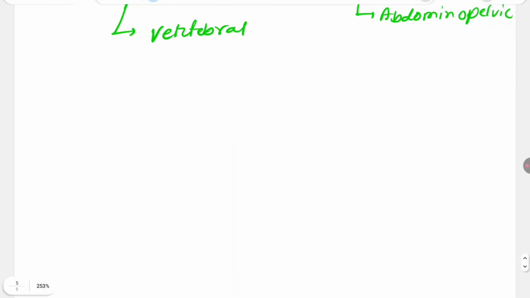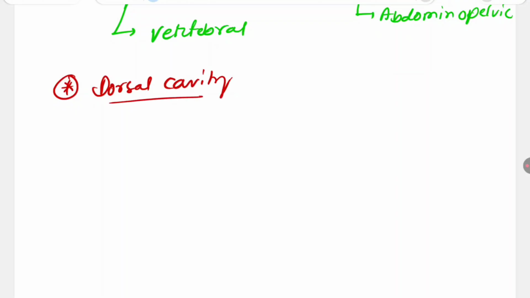First we will discuss about the dorsal cavity. In that, first one is cranial cavity.